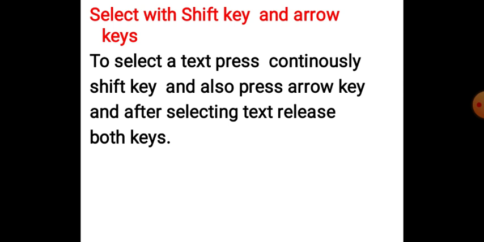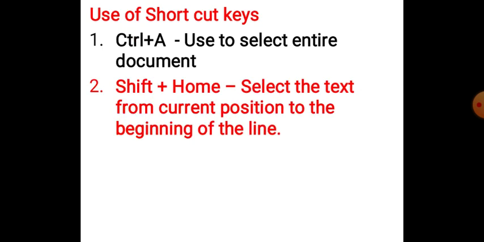First of all, we will place the cursor to the left of the text and we will press the shift key continuously. We don't have to release it, okay? At the same time, press arrow keys from left to right or right to left. And when you have selected your text completely, simply release both the keys. This way you can also select your text with the help of keyboard keys.